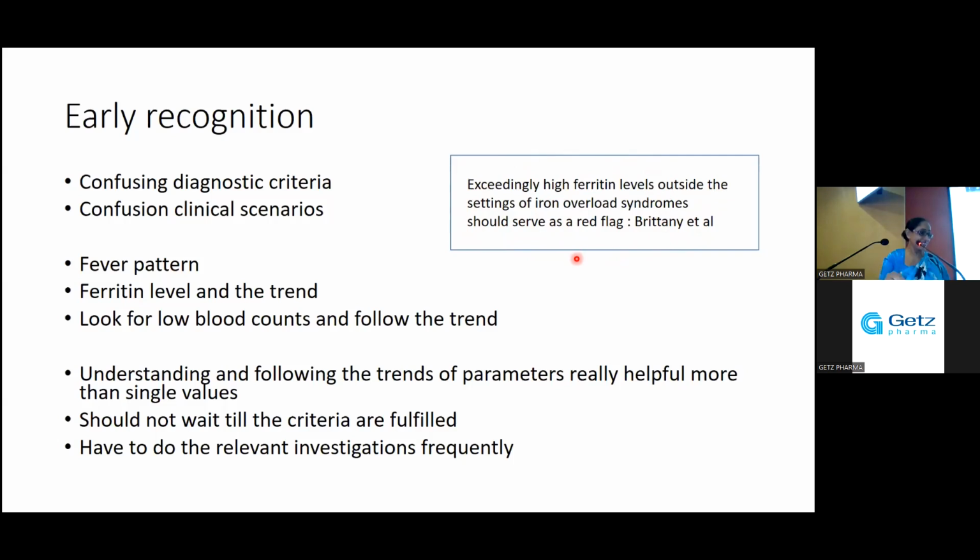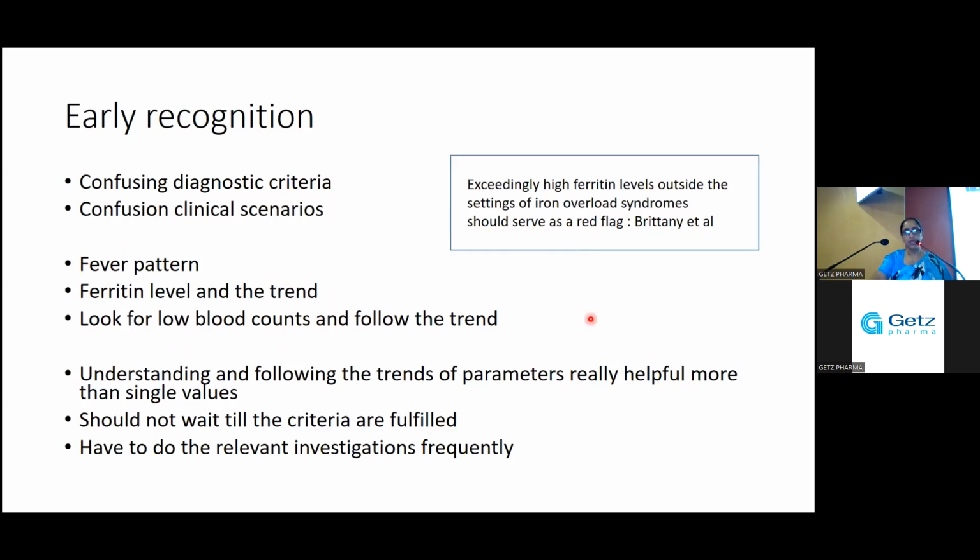It's that significant. But the consensus has not come, because there are things like iron overload syndromes and autoinflammatory syndromes where ferritin can go high. But that's significant. So in the correct scenario, you do a ferritin level, then you can alert yourself very early. So the fever pattern, ferritin level and the trend: follow blood counts and follow the trend.